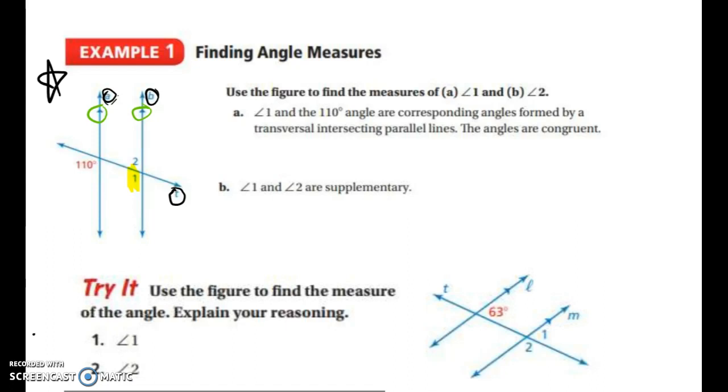Angle 1 and the 110 degree angle are corresponding angles formed by a transversal intersecting parallel lines. The angles are congruent. Congruent means that the two angles are going to be equal. That means that angle 1 is equal to 110 degrees.